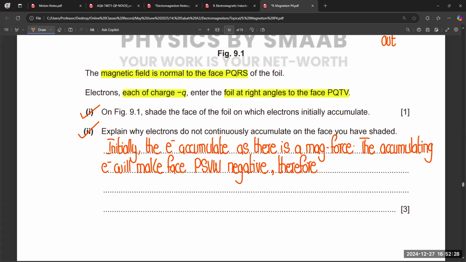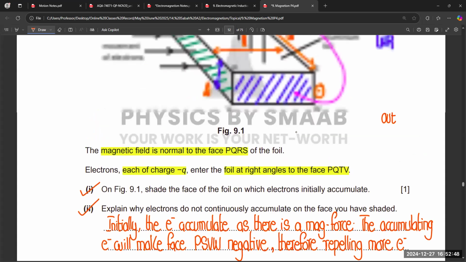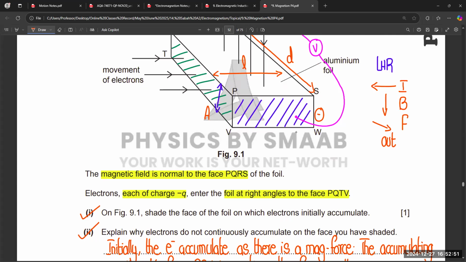Therefore, this starts to repel more incoming electrons, because this face becomes more and more negative. When it becomes a highly negative charged side, it repels the incoming electrons, right? Because it is already such a strong negative side, it further repels the new incoming electrons.